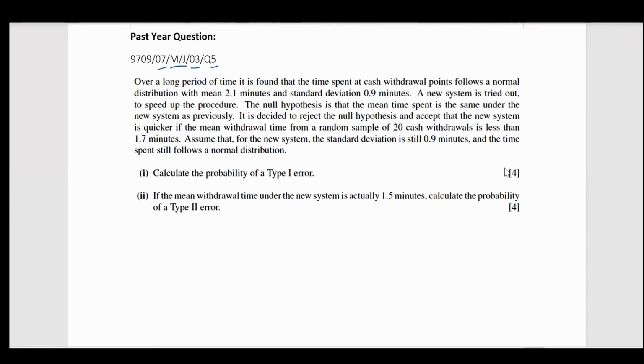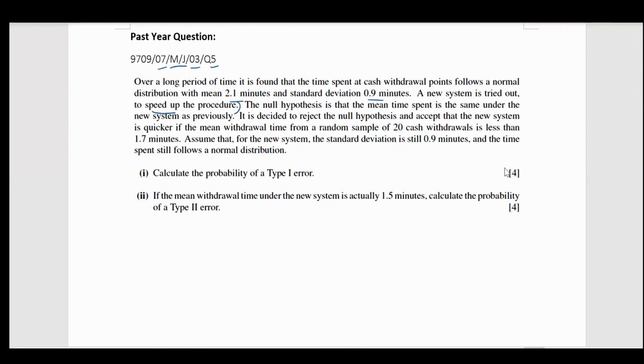Over a long period of time, it is found that the time spent at cash withdrawal points follows a normal distribution with mean 2.1 minutes and standard deviation 0.9 minutes. A new system is tried out to speed up the procedure.